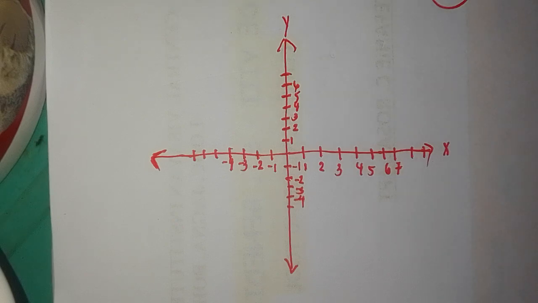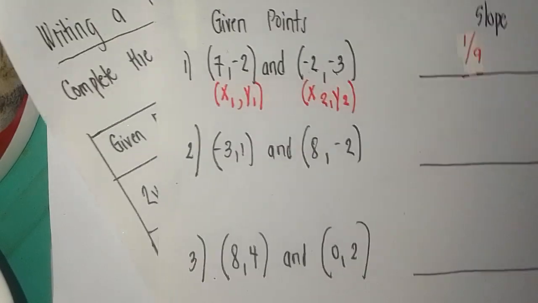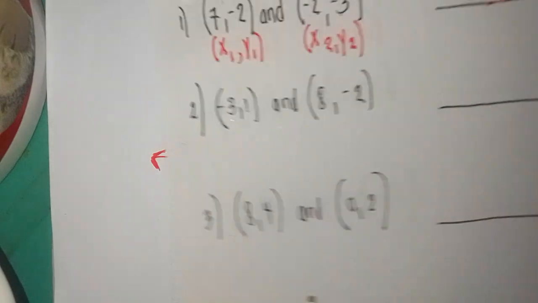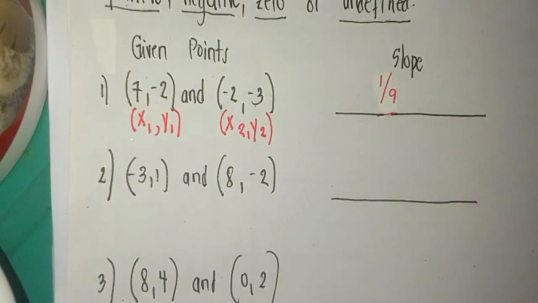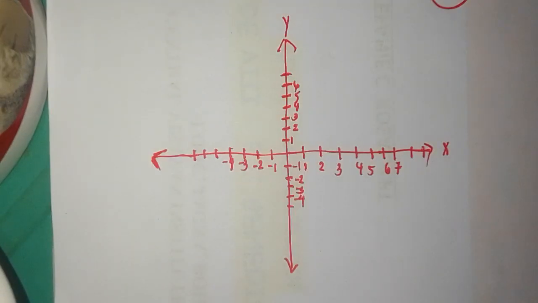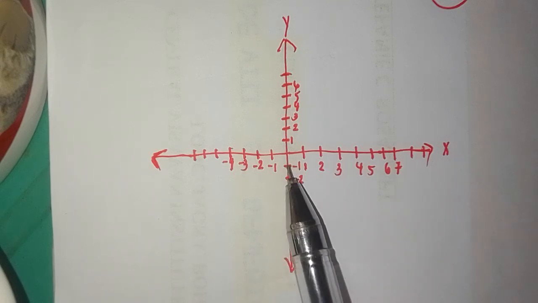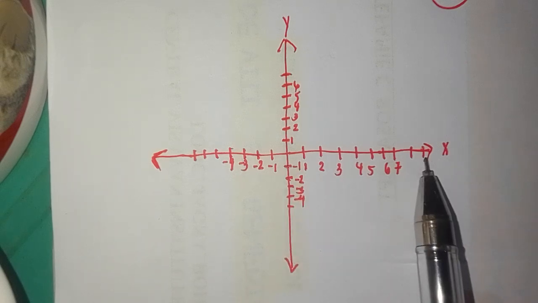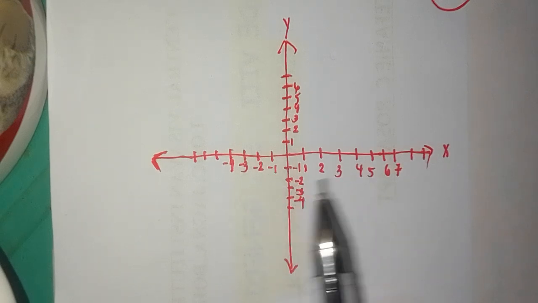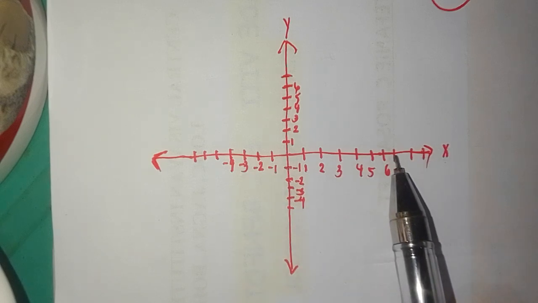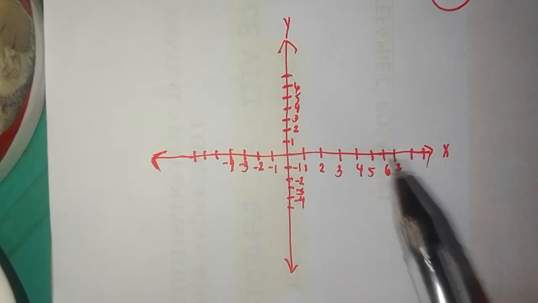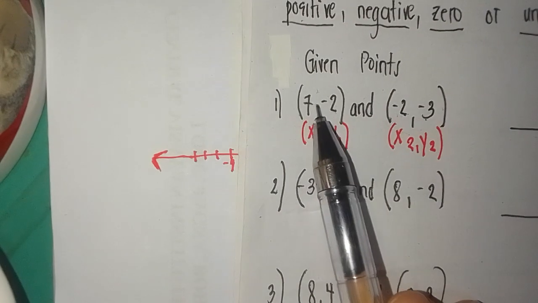Okay, let's try to graph. Going back to the given 2 points. First, we have to plot the first point. We have 7, -2. The x-coordinate is 7. Since 7 is positive, we have to locate the positive 7 on the x-axis, on the right side. Positive values of the x-axis are located on the right side of the axis. So here is positive 7, and its y-coordinate is -2.